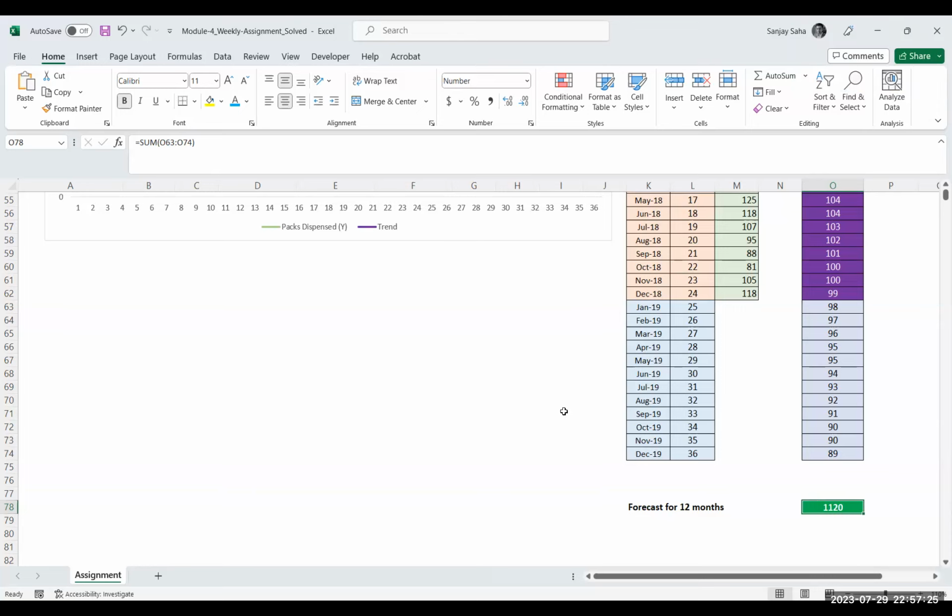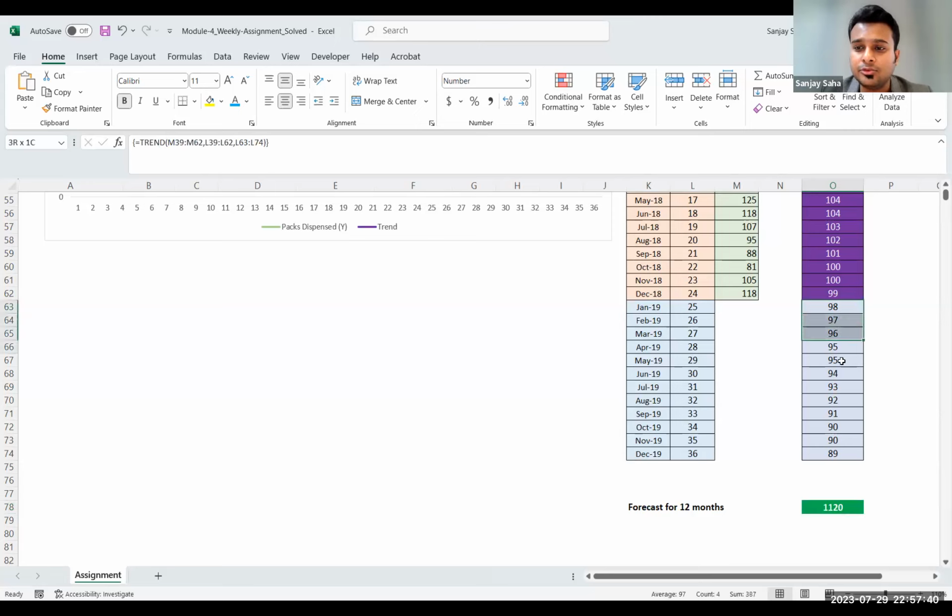Hi, Sanjay. Yes. So I think if I got your question well, he is asking how you got the sum. Okay, so if that is the case, like I said earlier, once we extrapolated the existing trend to calculate the forecast for the next 12 months, we added the numbers which are there in each of the cells.